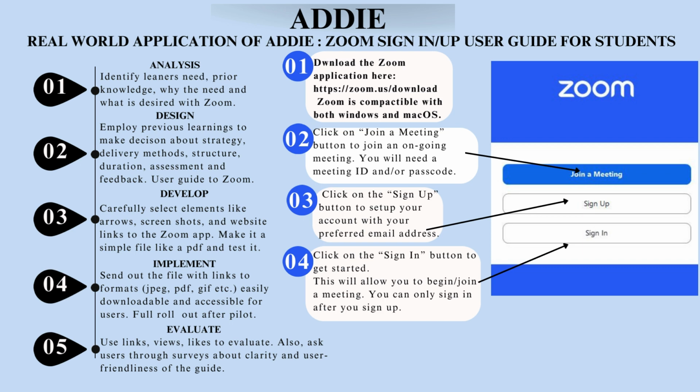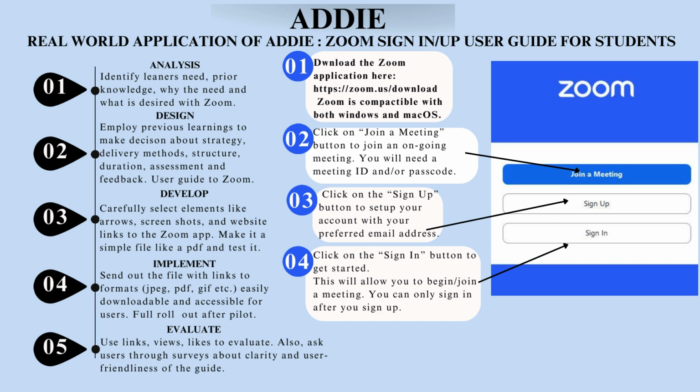And for the design stage, I used their previous learnings and experiences to design the user guide. For the development stage, I used elements like screenshots, arrows, and also steps to develop the guide.